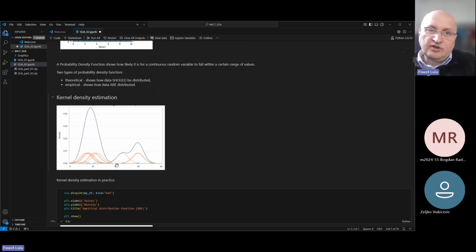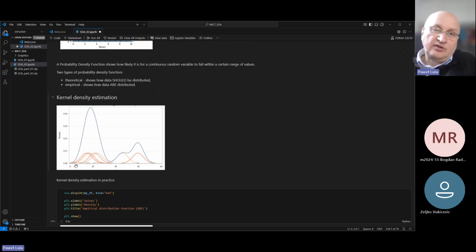It is not allowed, it is not proper to say that the probability of occurrence of a value equal to 20 is defined by the position of this blue line under this point. It is not allowed to read the y coordinate for this point and interpret it as the probability of appearance of this value.